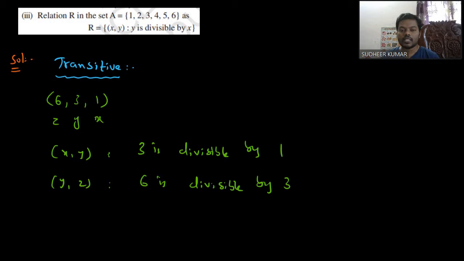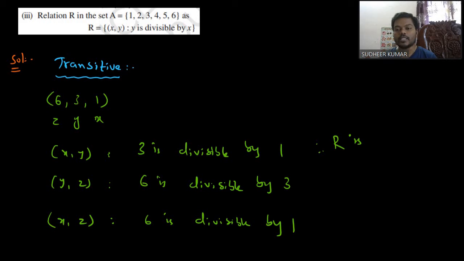Therefore, check the third case, x comma z: 6 is divisible by 1. Therefore, R is transitive.